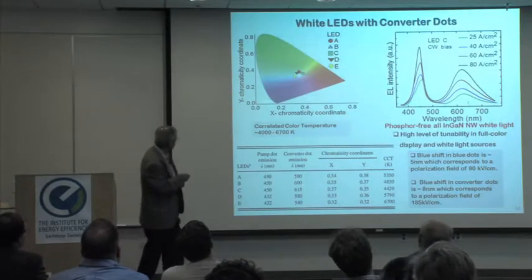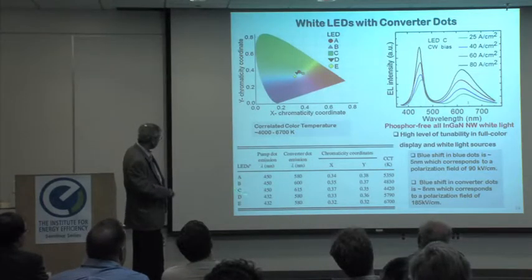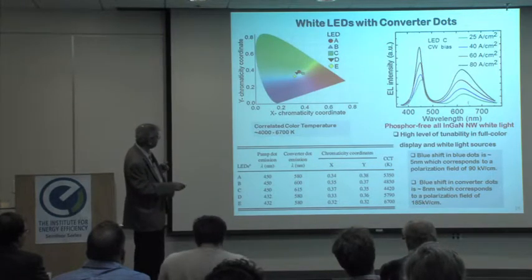And those are the chromaticity coordinates there. We made a variety of devices where we vary the blue and the red dot compositions and therefore their emission wavelength. This is the EL.